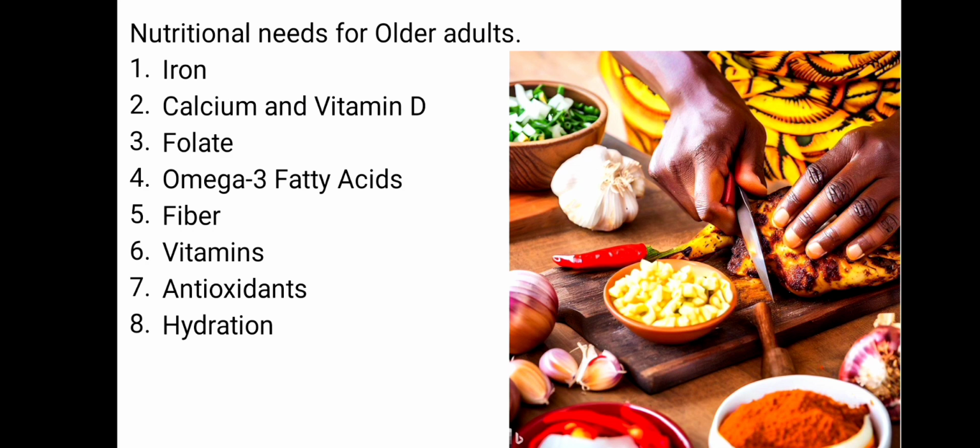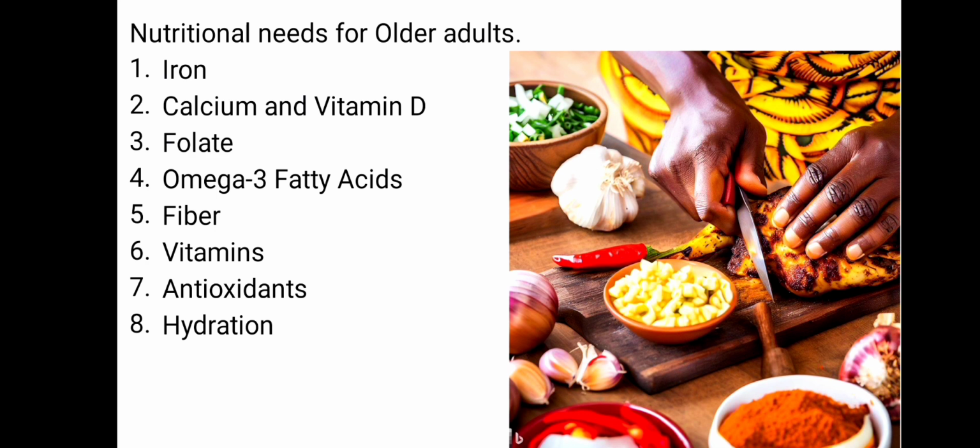At this stage, a lot of physiological changes happen in our body. Then at this stage, we are almost entering menopause. Especially women, we have a lot of discharge, and for men too, they need a lot of cell repair when they are at this stage of being an older adult.